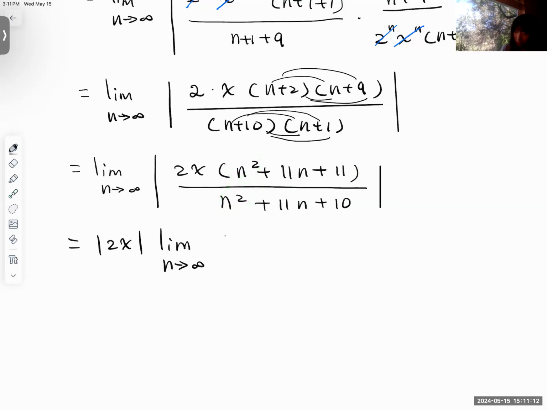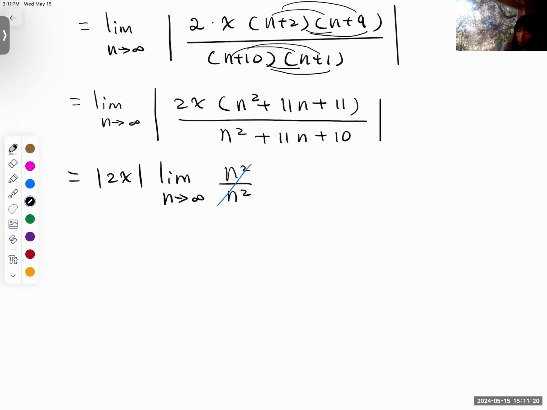So we have n squared over n squared. We simplify. Okay, so there will be 2x times 1, which is 1, right? So the limit of 1 is 1. So this is 2x with the absolute value, right?